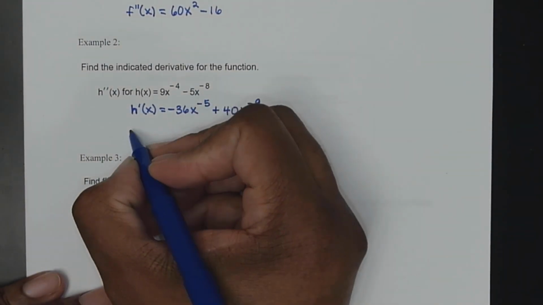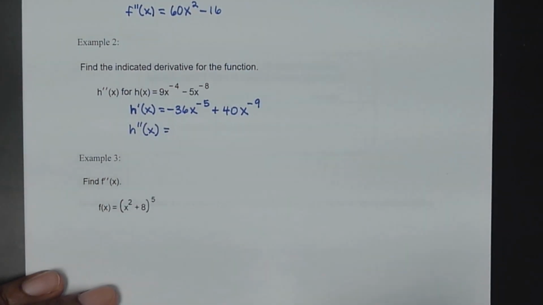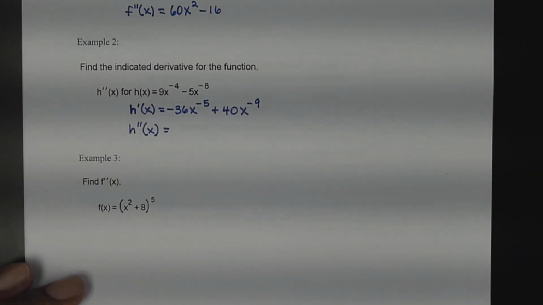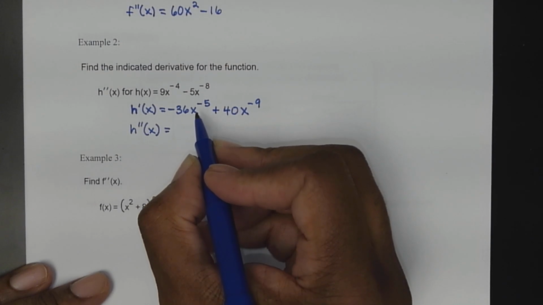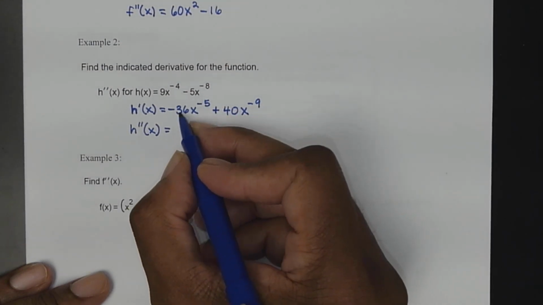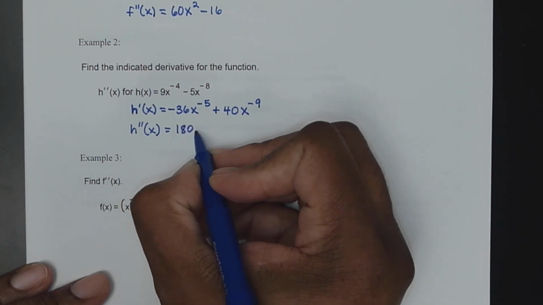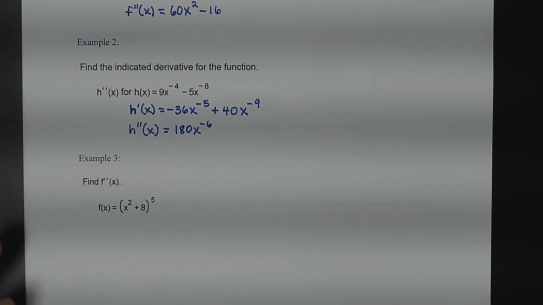Now we need h double prime of x. So h double prime of x will be this. Take the derivative of the first derivative. So if I do negative 5 times that negative 36, that would be a positive 180. Copy the x over to the 1 less power. It'd be negative 6.